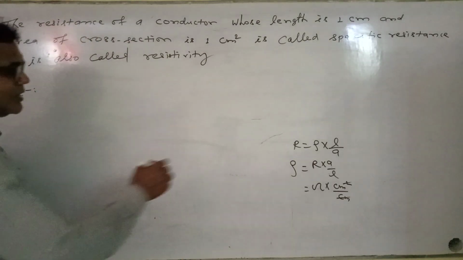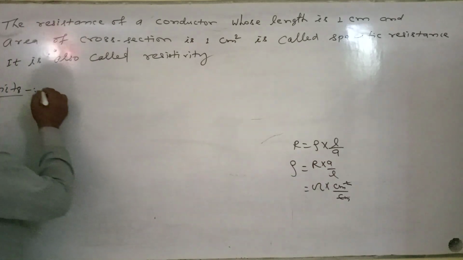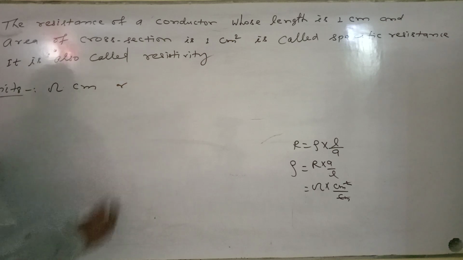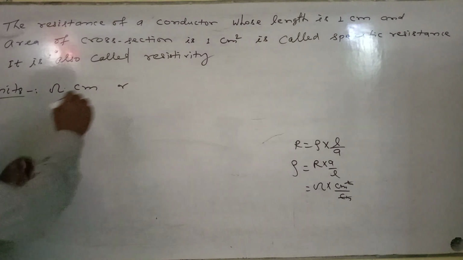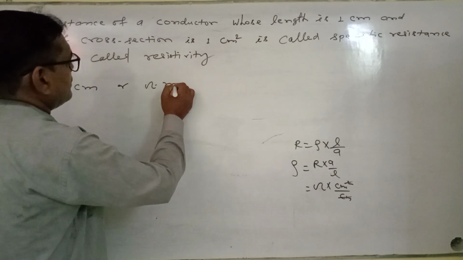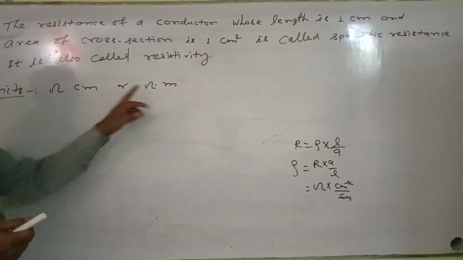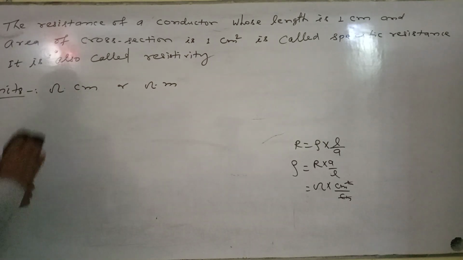The unit of specific resistance will be ohm cm. Here we write ohm cm. Now we write it in meter. Here we convert to meter, and it is the SI unit.